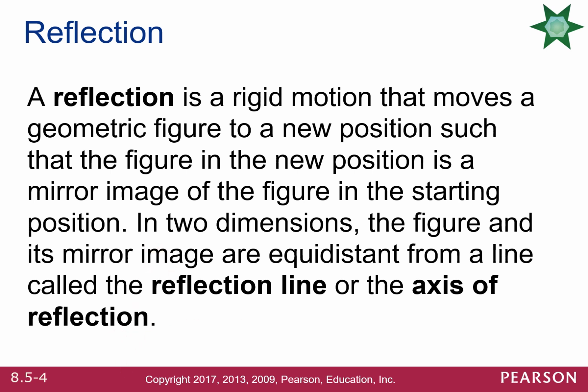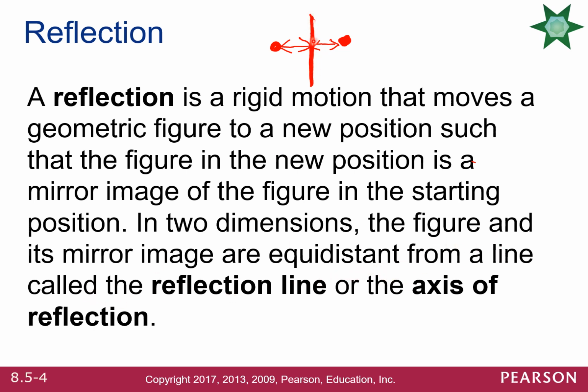So if we have our axis of reflection, let's say this is the mirror or the surface of the lake, and something is being reflected, this point is getting reflected, then in the process of reflection, you will see that point at the same distance from that surface across. All right, so that's what they are trying to say here when they say that it'll be equidistant from a line called the reflection line.